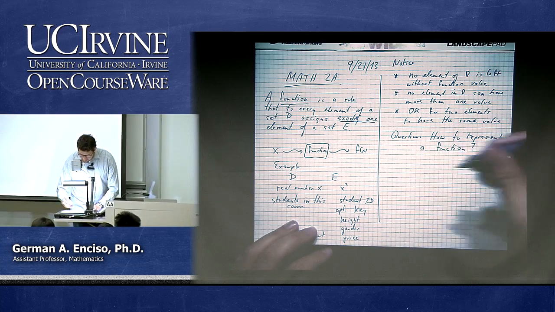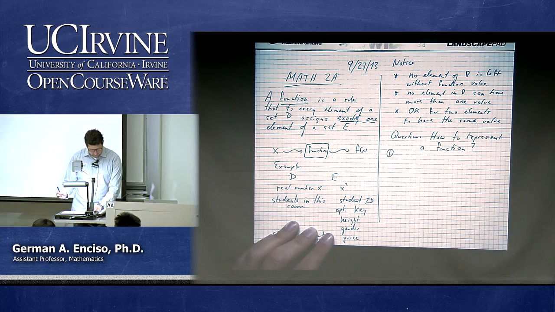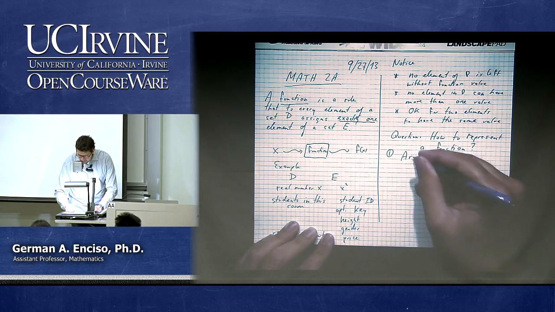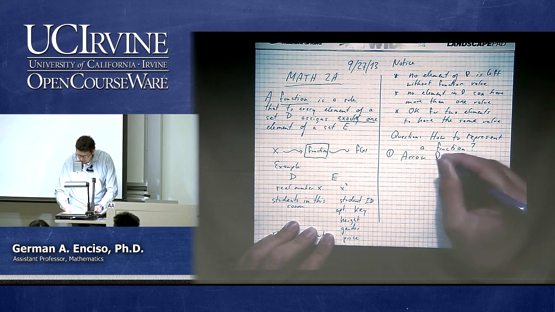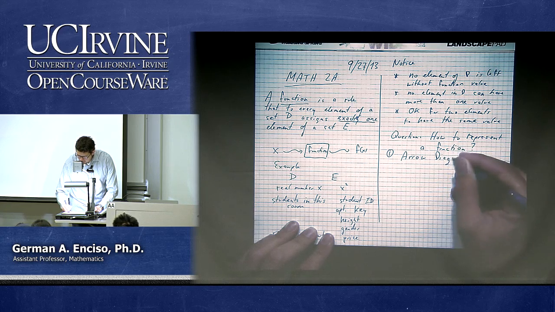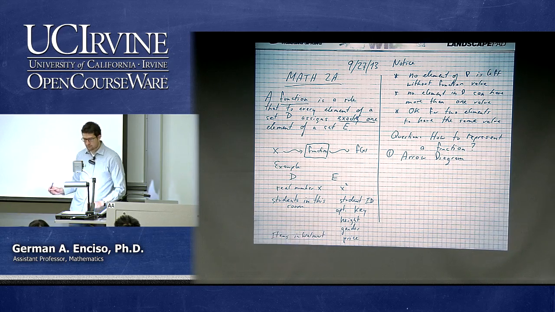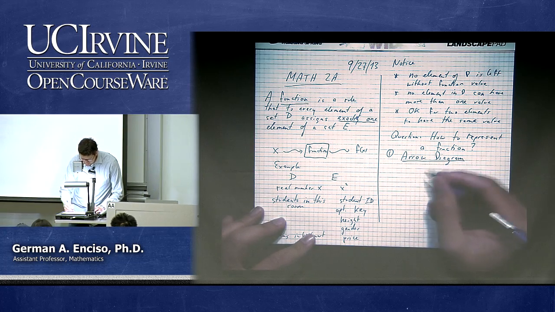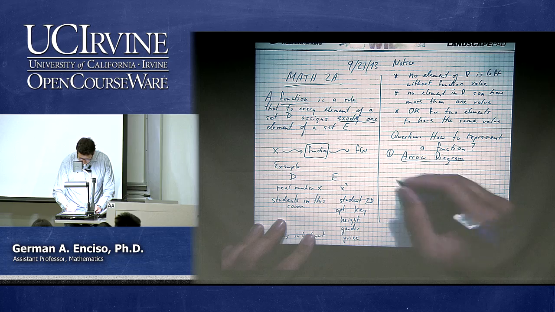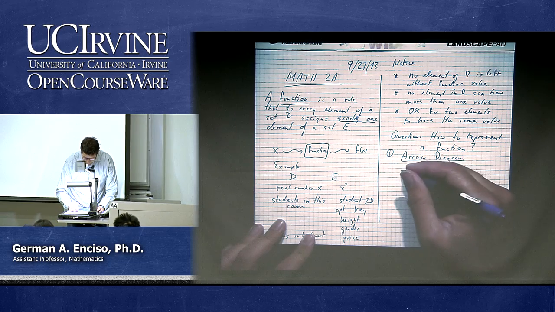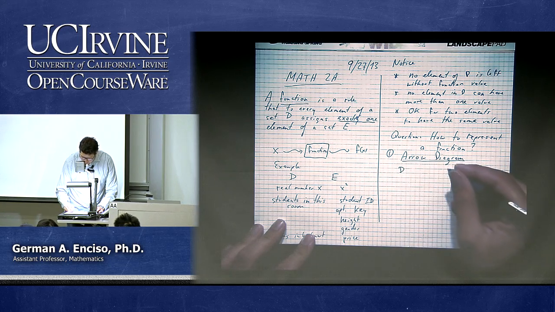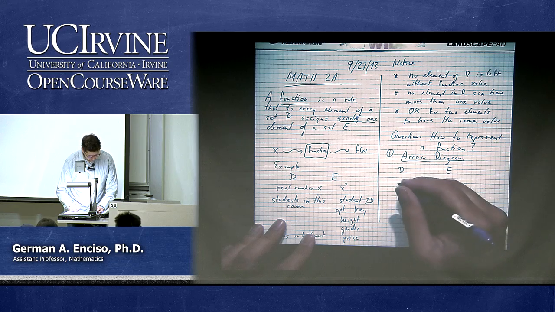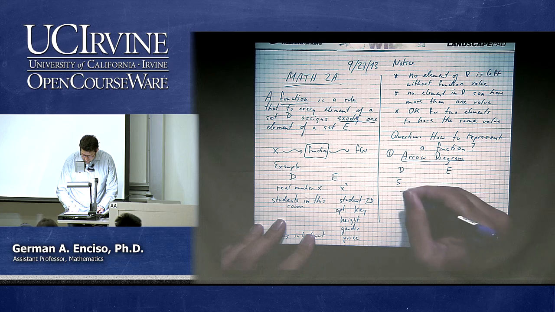Okay, so the first way to represent a function is what we call an arrow diagram. What is an arrow diagram? Well, it's the following. You take the set D and take the set E and put all the elements in a bag. So suppose that the set D consists of 5, 7, and 2.